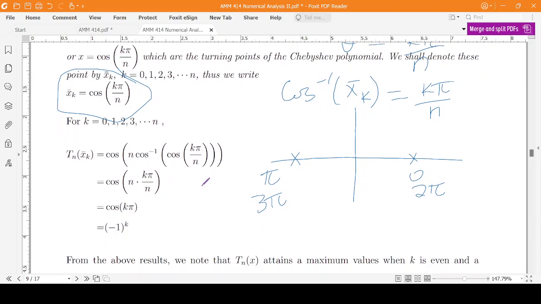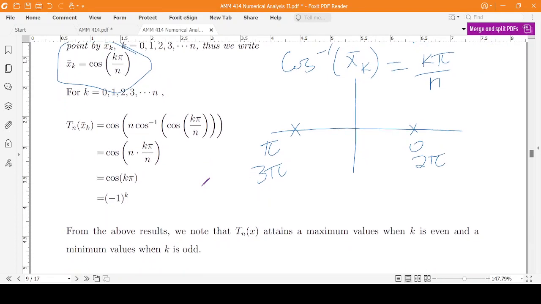And we can then substitute back x bar k into the Chebyshev polynomial. And when we do that, we get cosine of k pi, and we know that cosine of k pi will have the value of minus 1 raised to power k.